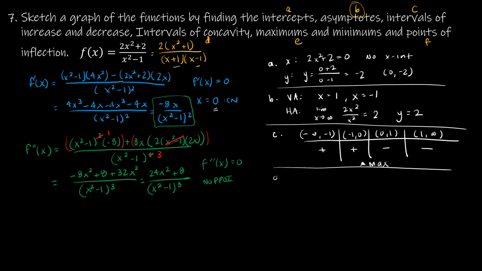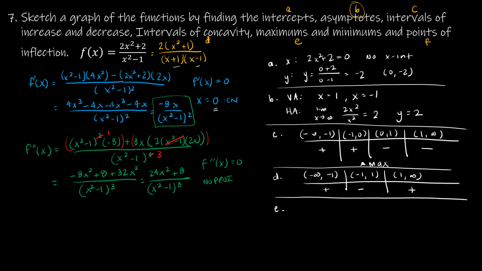For D, I'm doing the same thing, negative infinity to negative 1, but notice I didn't have any points of inflection, so I don't have to use 0. So I've got negative infinity to negative 1, negative 1 to positive 1, and positive 1 to infinity. And again, just use your calculator to find those values.